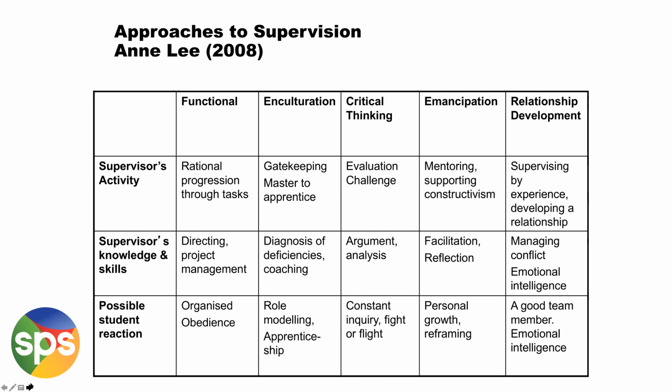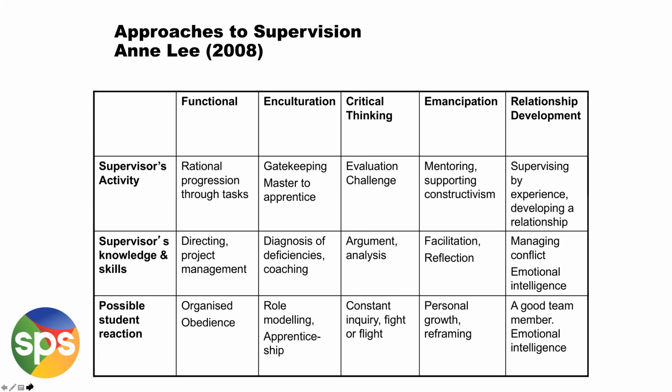The fourth dominant approach to supervision identified by Anne Lee is one of emancipation. And in this one, the supervisor mentors the student, but in a way to support the student's own construction of knowledge. So they see their role as supporting the student to make sense of the field for themselves. And they will be facilitating that process and constantly reflecting on the extent to which the student is making meaning for themselves.